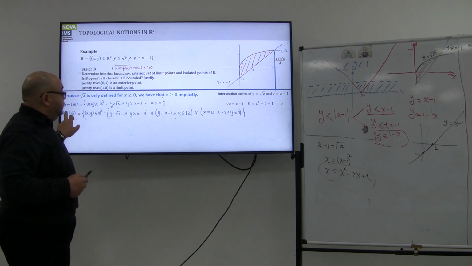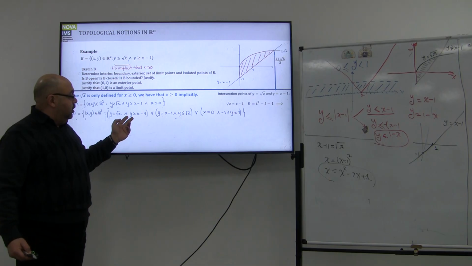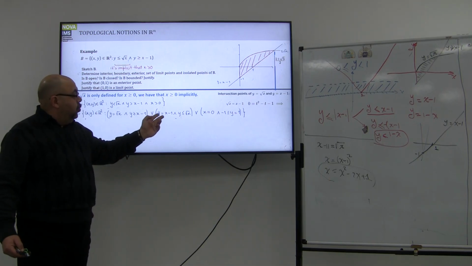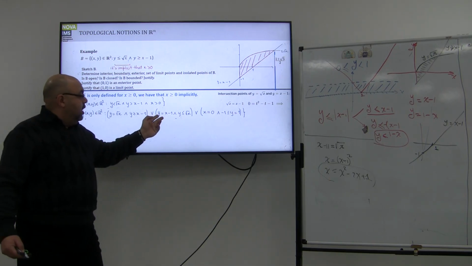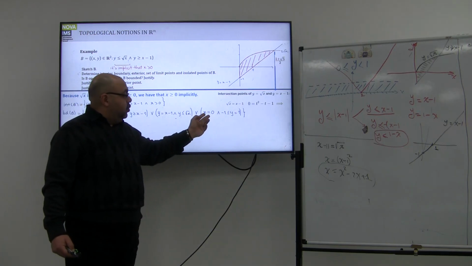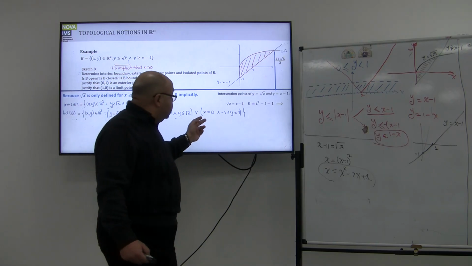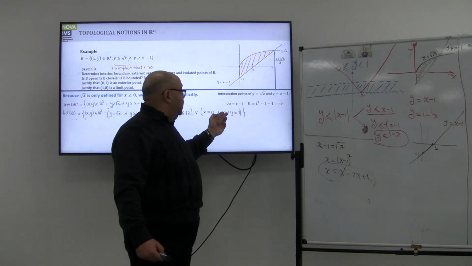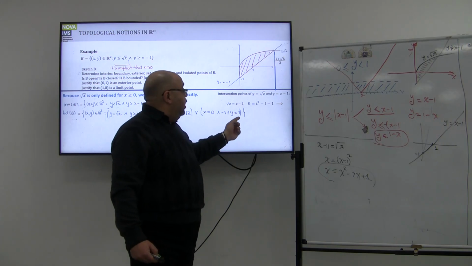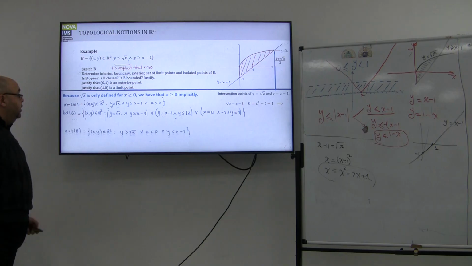The boundary points are y equal to root of x and y greater than or equal to x minus 1, or y belongs to x minus 1 and y less than or equal to root of x, or x equal to 0 and y running from negative 1 up to positive 1, if I want to describe the region exactly.